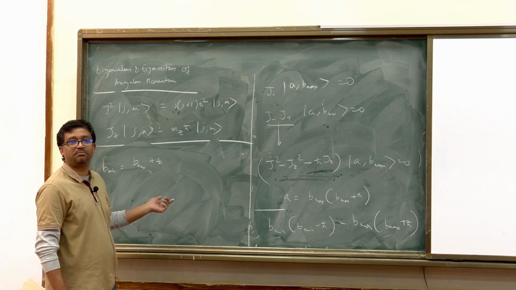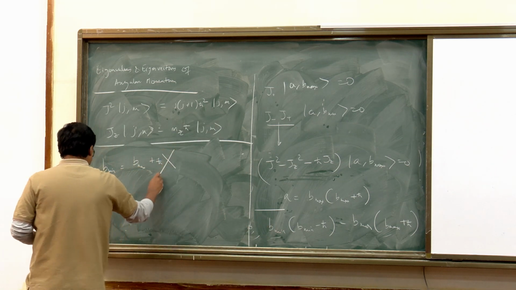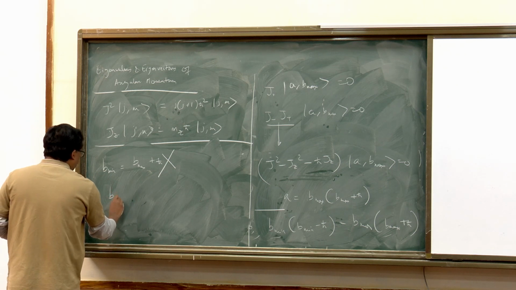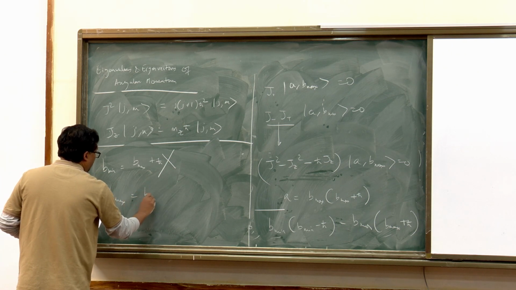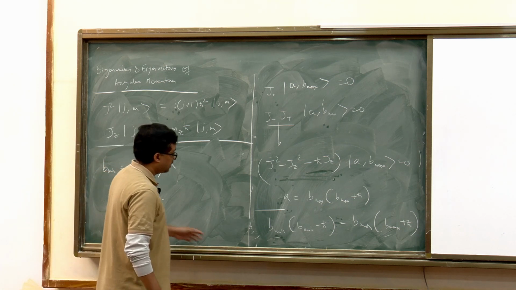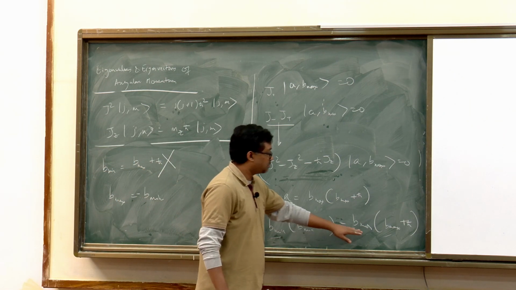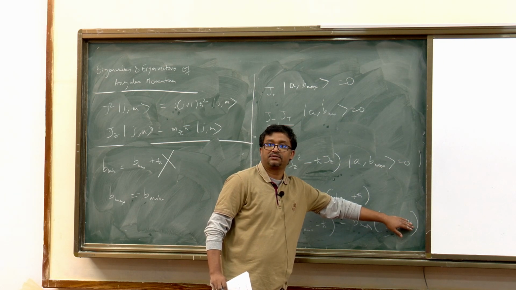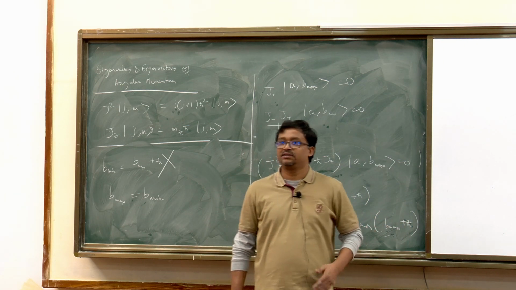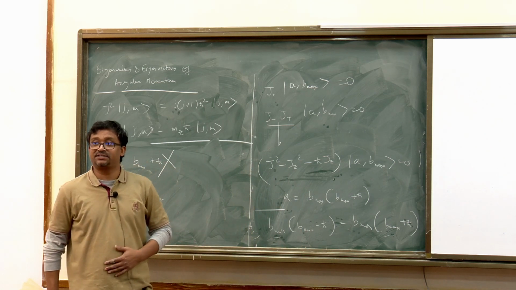How can the minimum be greater than the maximum? That is not correct. The other option I have is B max equal to minus B min, right. Plug that in: minus B max minus B max plus h bar. That would make sense, right.